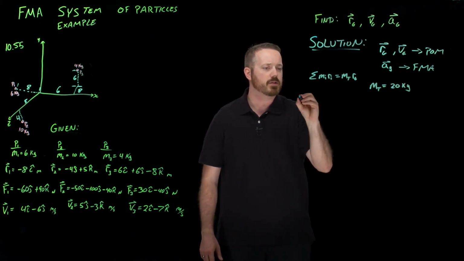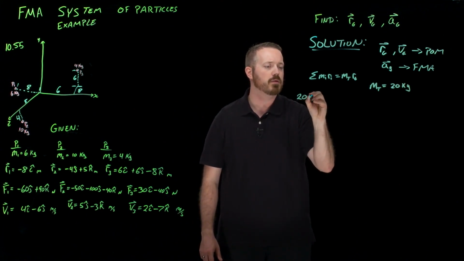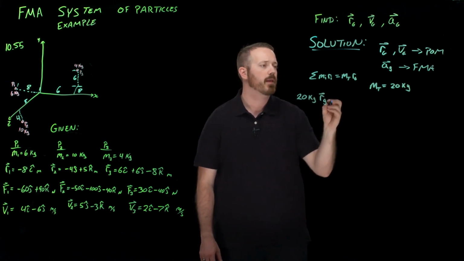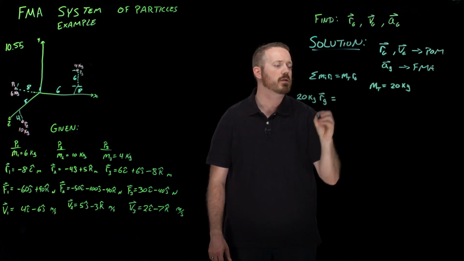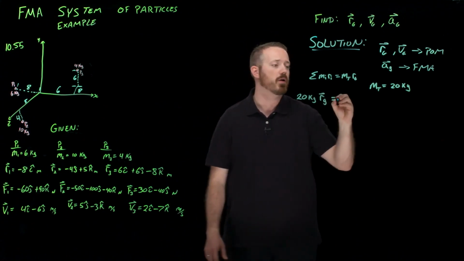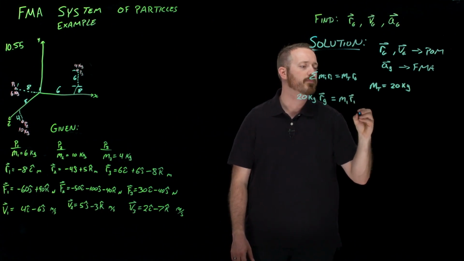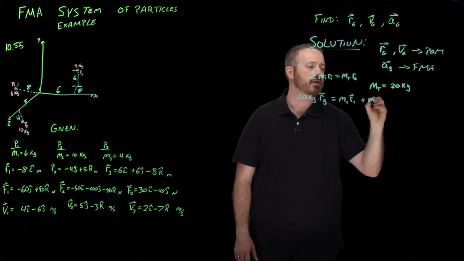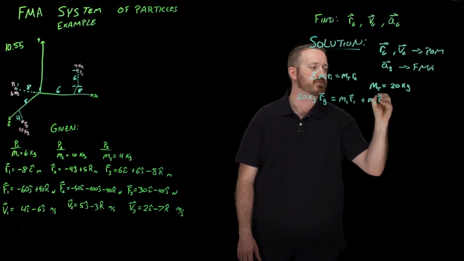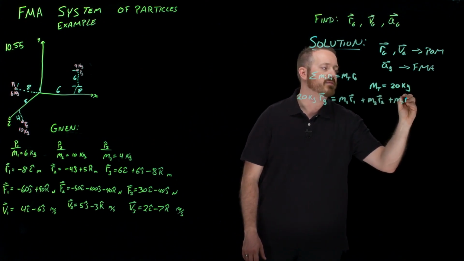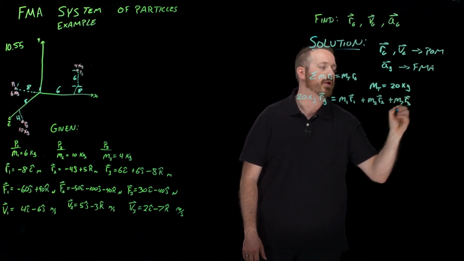And so 20 kilograms times the vector wherever our center of mass is has to be equal to all of the little bits. So that would be m1 times the vector r1 plus m2 times the vector r2 and m3 times the vector r3.